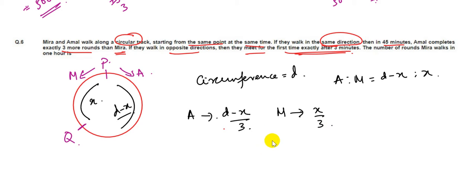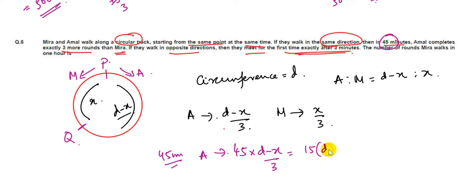Now if these are their individual speeds, then in 45 minutes, Amal will cover 45 into the speed of Amal, d minus x by 3, which is 15 into d minus x. And Meera will cover 45 into x by 3, which is 15x. So these are the distances that they will cover if they are traveling in the same direction in 45 minutes.